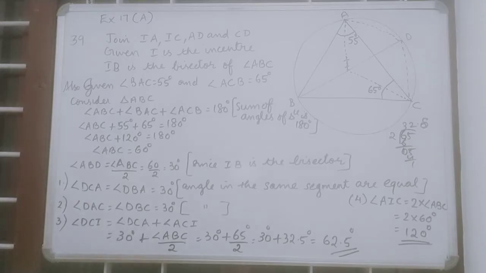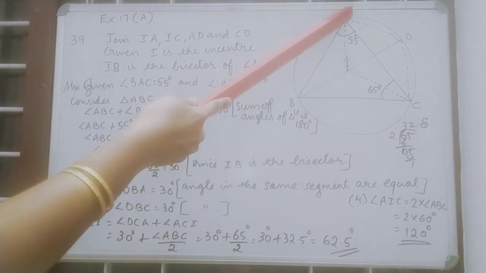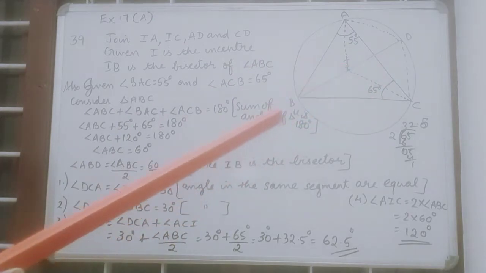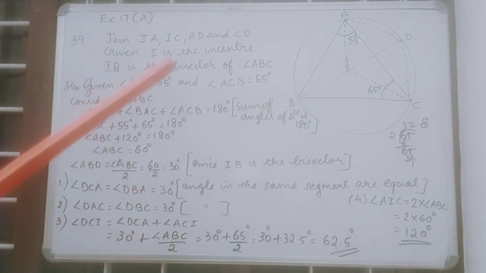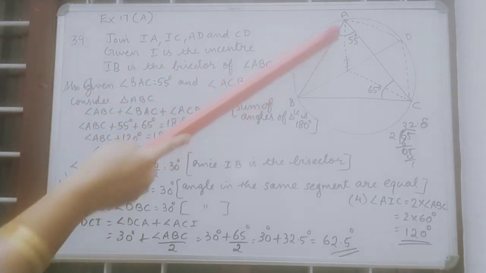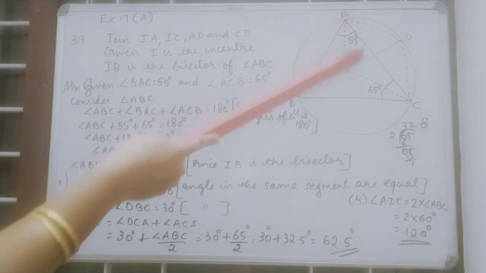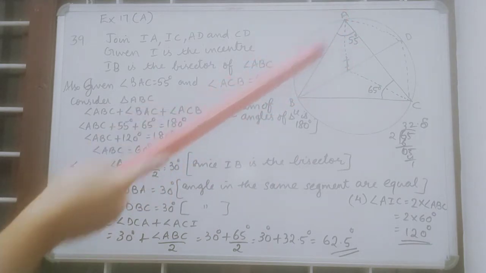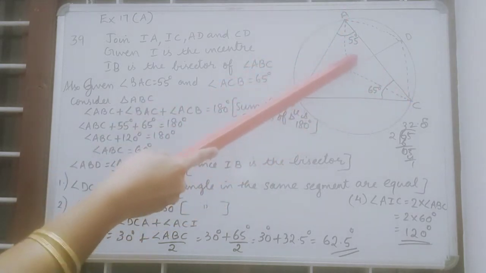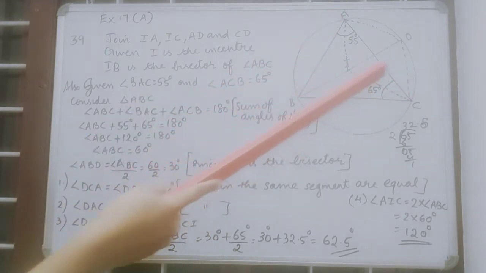Given I is the incenter of triangle ABC, so IB is the bisector of angle ABC. Since I is the incenter of ABC, IB will be the bisector of angle ABC.